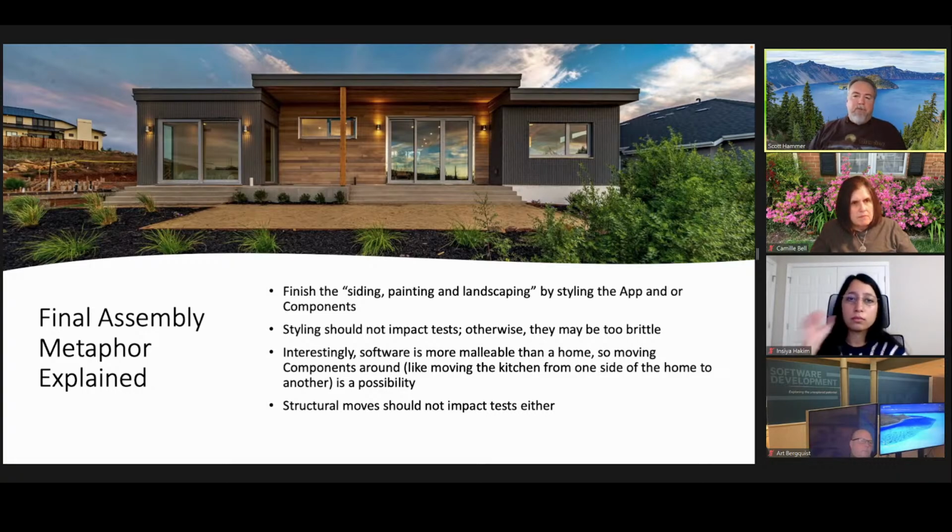Now, the key thing about this type of testing is that those CSS changes, look and feel changes, should not break our tests. And then secondarily, we're a little bit more malleable than a home. So we can actually move components around on screen into different places. And that also should not break our tests. Right? So that makes our tests a lot less brittle.